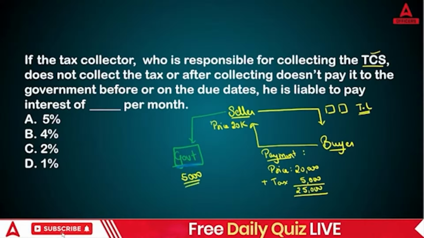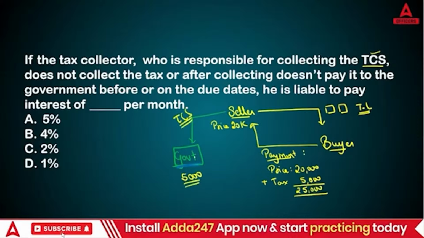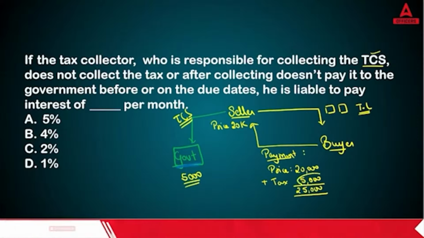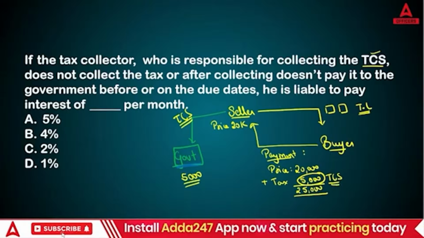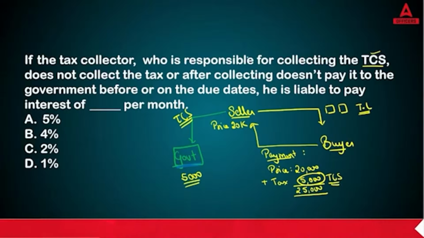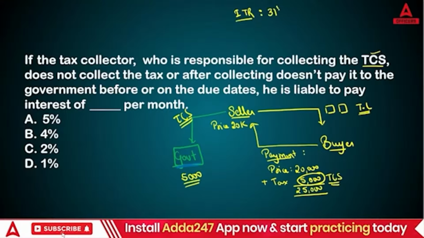So here seller will transfer this TCS to the government. Yes. Here this tax is known as tax collected at source. Remember, on some specific goods only we charge TCS. Like you are paying income tax return, like in your ITR, you have some due dates like 31st July is for individuals. Yes or no?